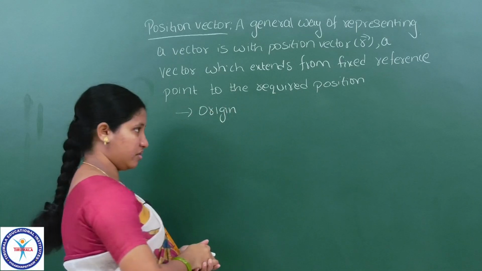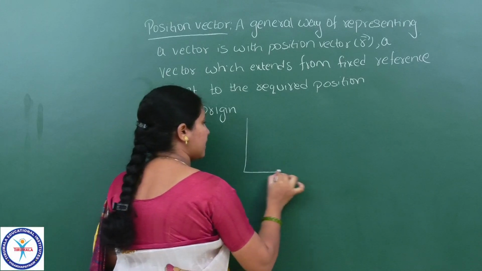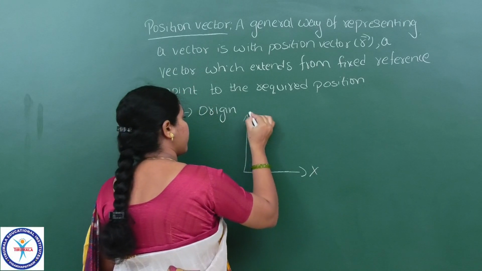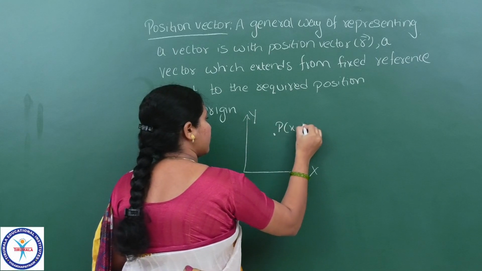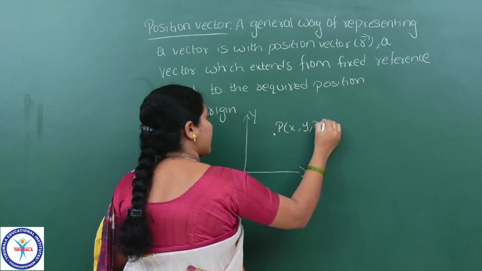So, let us consider the coordinate system with x and y axis. I am considering a point P which is having the coordinates x, y and z.